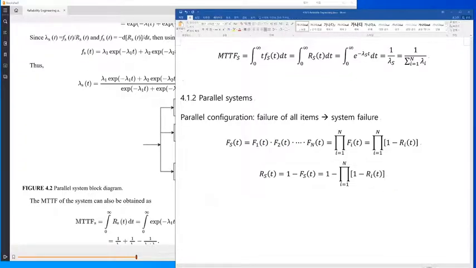So consider the system with two blocks, and the failure rates are constants. So once again, this is the case for exponential distribution.